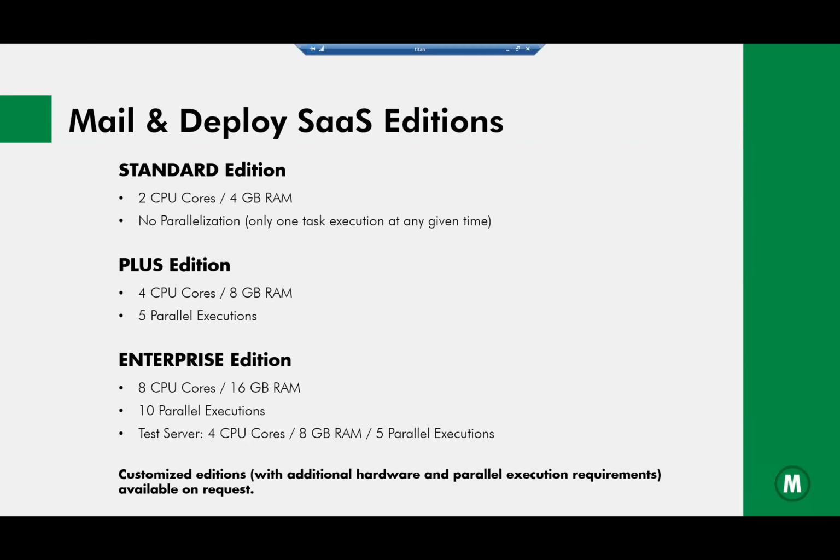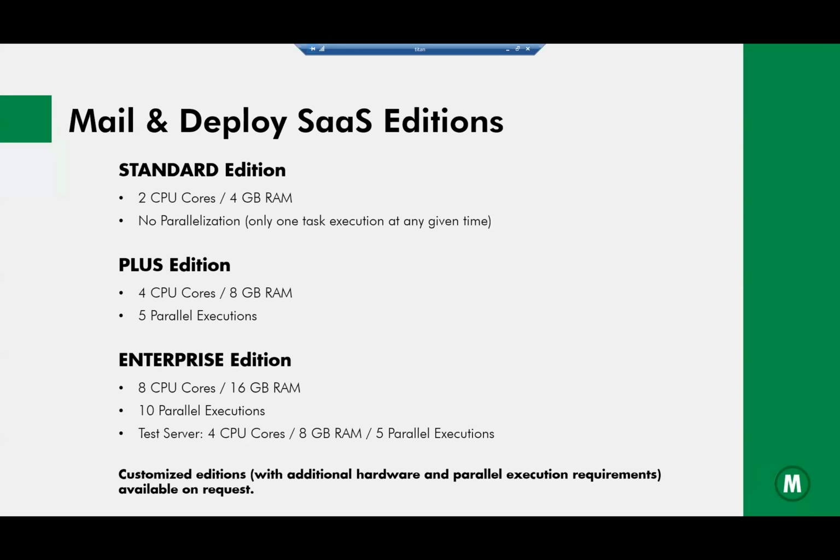As with the on-premise versions of Mail Deploy, you can move content between individual editions. If you have a test server and a production server, then you can design your reports and set up your tasks in the test environment, test them on that test instance, and then, with just a few clicks, deploy that content into your production system.